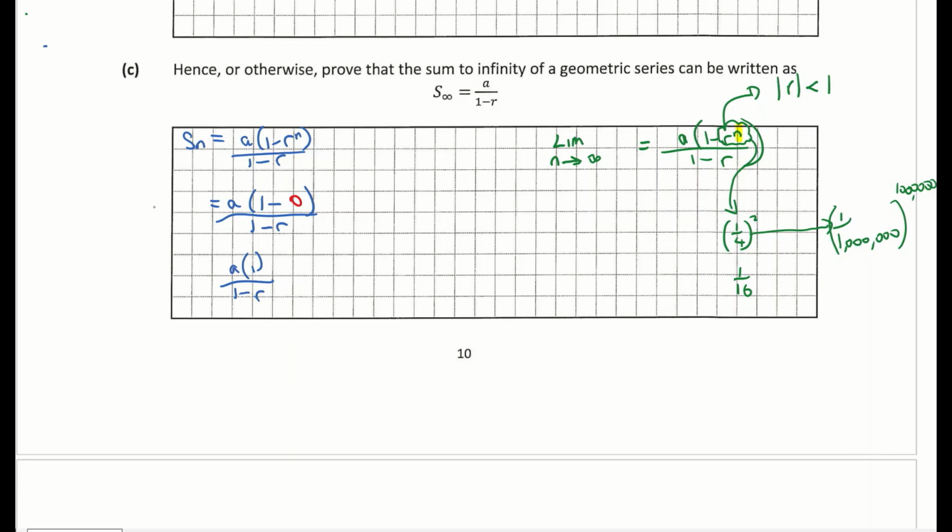So what I've picked here is some extremely large number, so I'm going to the sum to infinity. And if I multiply a times 1, I get a over 1 minus r. So that's our formula for the sum to infinity given. So again, it's got to do with our limits here as the n approaches infinity.